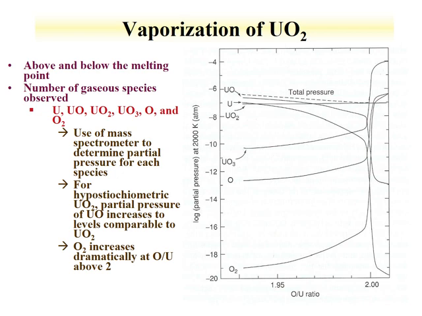There's not enough oxygen around to oxidize those metals. So fuel can be tuned so that material will have properties of a certain oxygen to uranium ratio so that the fission product chemistry can be controlled. And the way one determines the oxygen to uranium ratio is through the enthalpy experiment that was done earlier or this vaporization experiment.